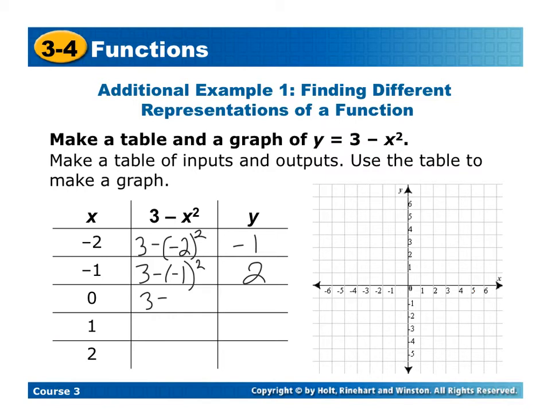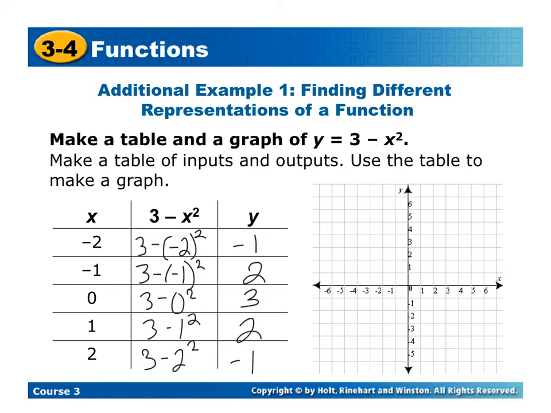Then here we have 3 minus 0 to the second power, which is still just 0. Then we have 3 minus 1 to the second power, which is still just 1 again. And then 3 minus 2 to the second power, which would be 3 minus 4, which gives us negative 1.